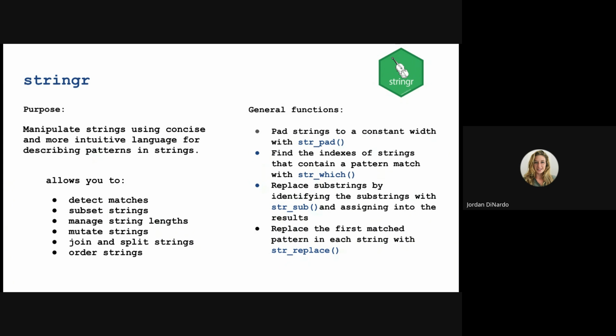So you're substituting something that you're asking R to look for within a column, per se, and then substituting it with something. And then finally, replace the first matched pattern in each string with str_replace.